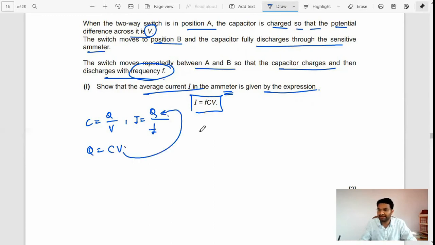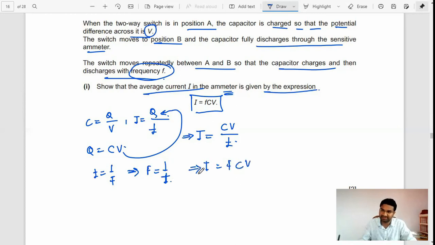So you will get I is equal to CV over T, and we know that T is equal to 1 upon F, and F is equal to 1 upon T, frequency, right? So I is equal to F times CV. That is what you will get at the end. Getting it? This is just a derivation part. So you just have to use the relation between capacitance and the current.